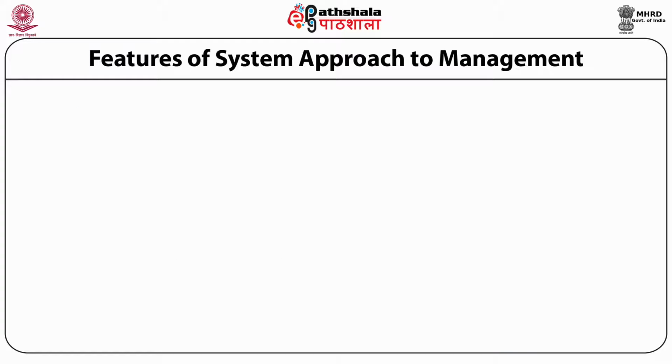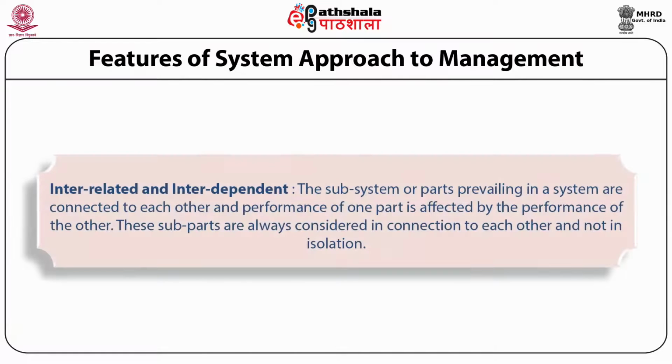The next feature is interrelated and interdependent. The subsystem or parts prevailing in a system are connected to each other, and performance of one part is affected by the performance of the other.